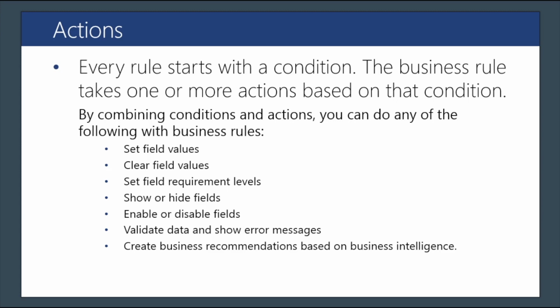For example, you can set field values, you can clear field values, you can show or hide fields, you can set field requirement levels. For example, something may be business recommended, but when a particular condition happens, you may change that to business required. You can validate data and show error messages. And then, of course, you can create business recommendations based on business intelligence that's associated to the form.